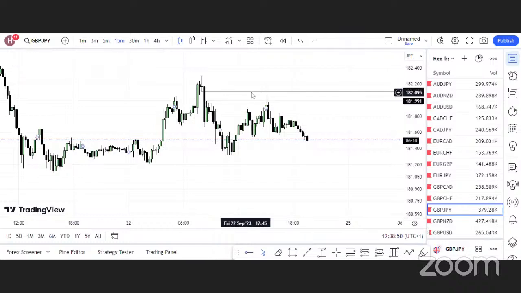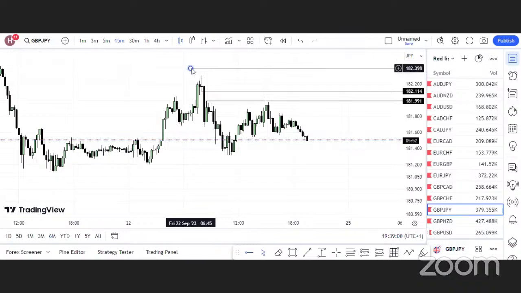This is my resistance point, my resistance zone. I took this trade. I'm selling from this area. This is where my resistance is going to be. My stop loss is going to be on the previous high of the market, since I'm selling from here.